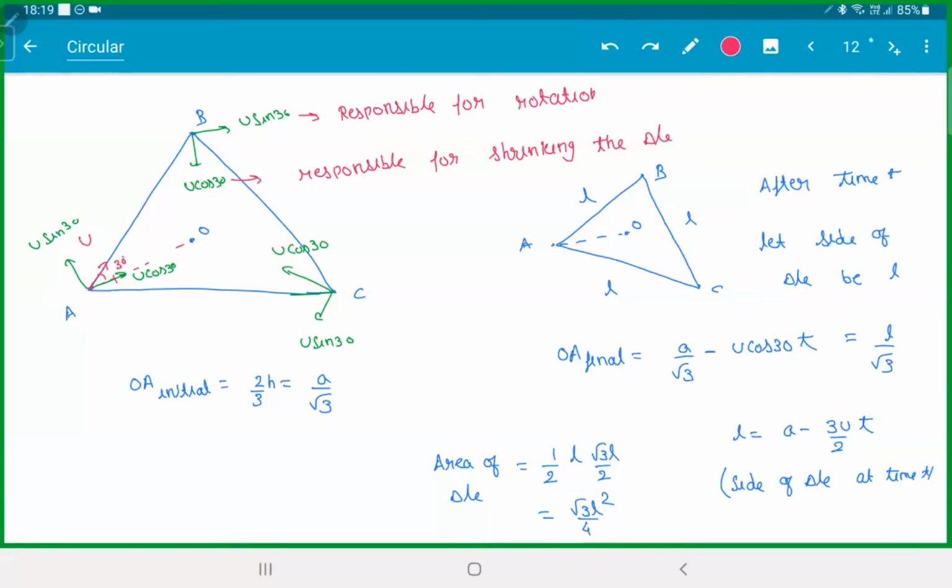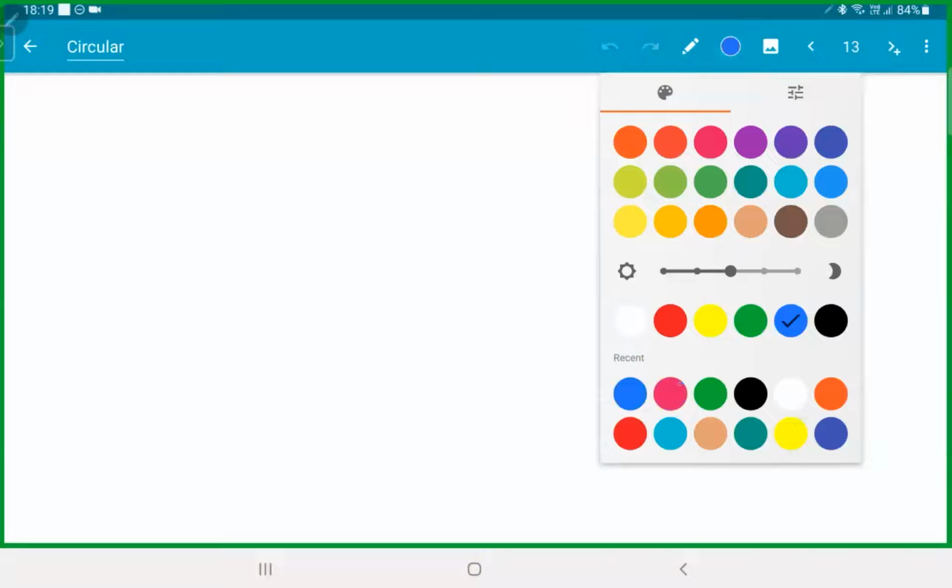Then we still have to find omega. So what is angular velocity? Let's say at any time t, the triangle has become like this. If this is O and this is A, this is u cos 30 and this is u sin 30.